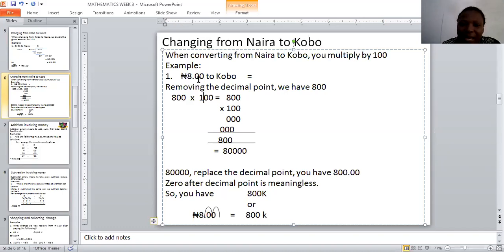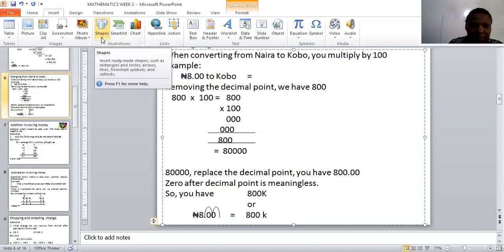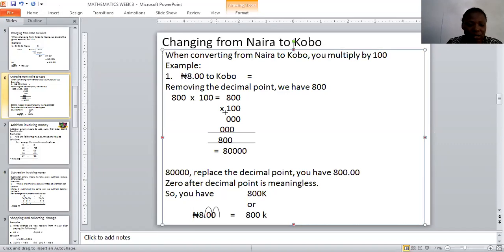You multiply 800 by 100. So you have a 0 multiplied by 0 first.